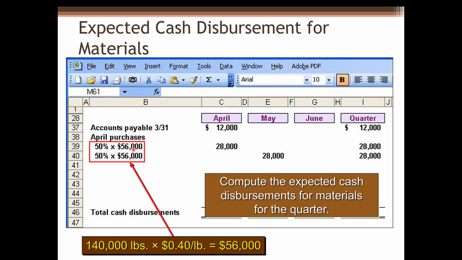The question tells us half of the month's purchases is paid in the month of purchase and the other half is paid in the next month. So 50% of $56,000, which is 28,000, will be paid in April, and the other half will be paid in May.